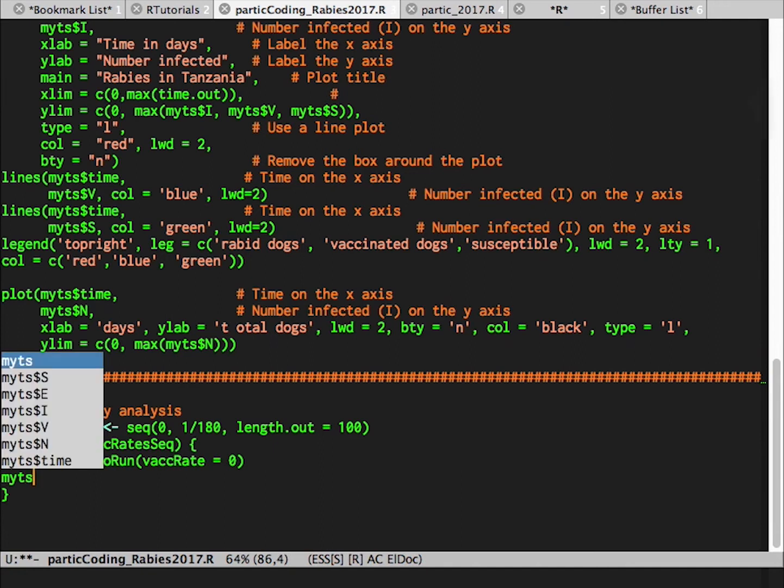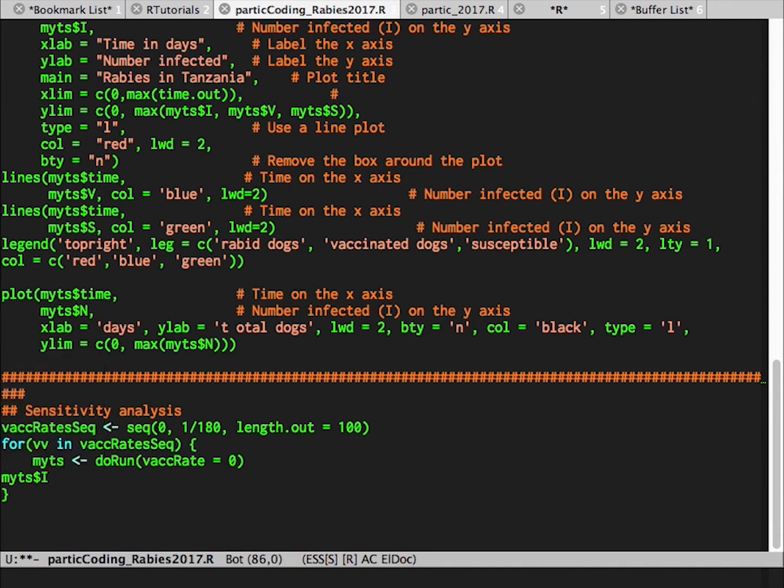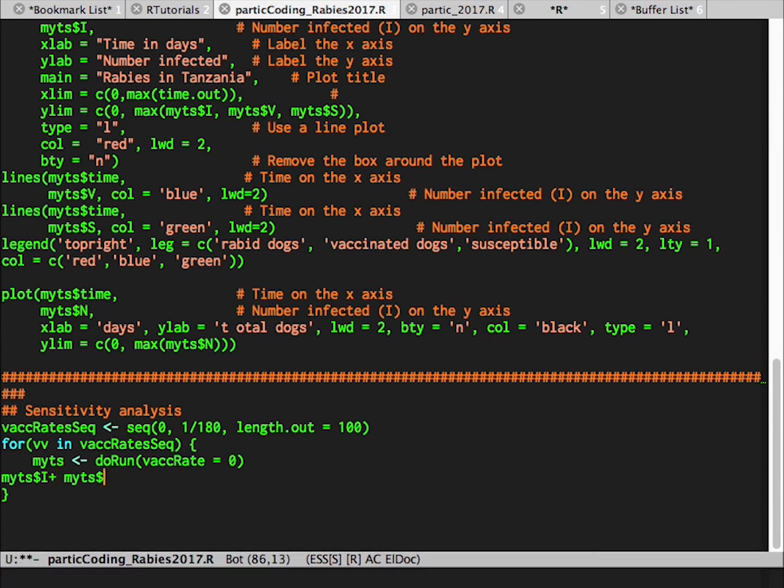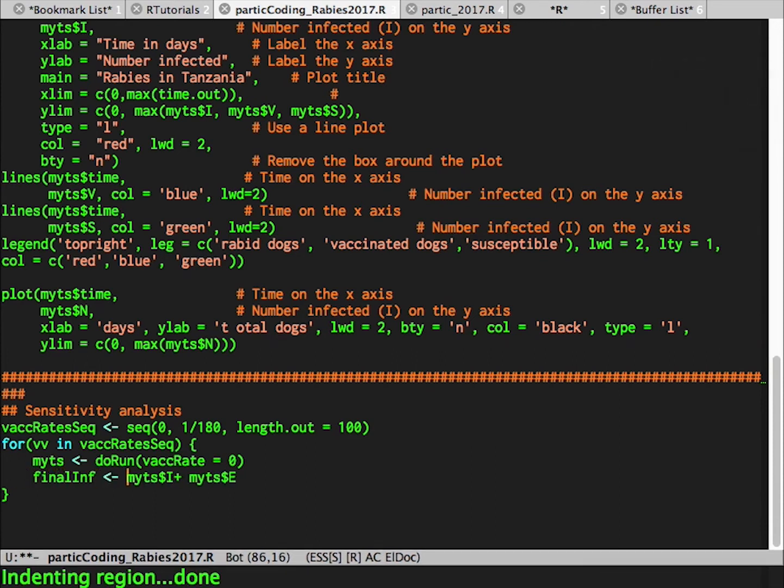So my TS, let's even do it plus E. So how many dogs are actually infected, even if they're exposed? And we're going to say final infected is that.